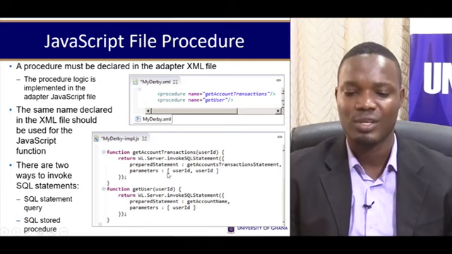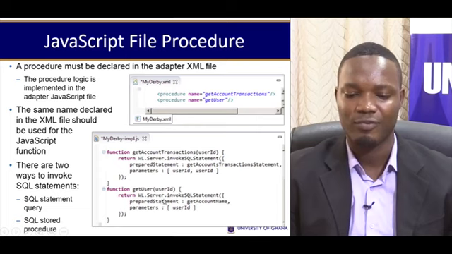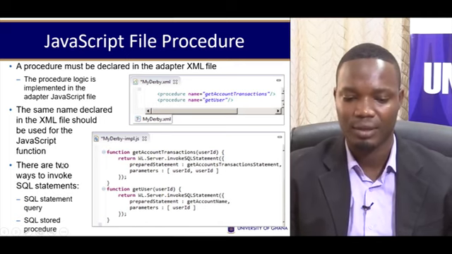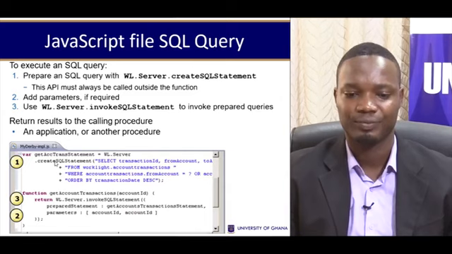So here we have the invoke SQL statement, and we put in the prepared statement, and then the parameters follow that. And you can see that in this case we have implemented both of them, the get account transaction and the get user. Like we said, it could also be a call to stored procedures. So there's that functionality also.